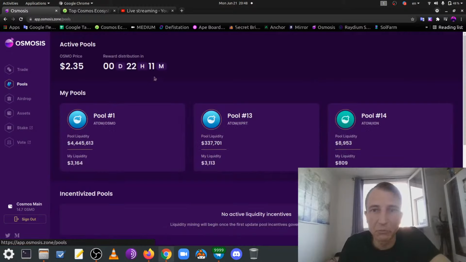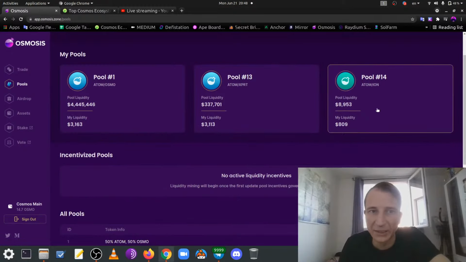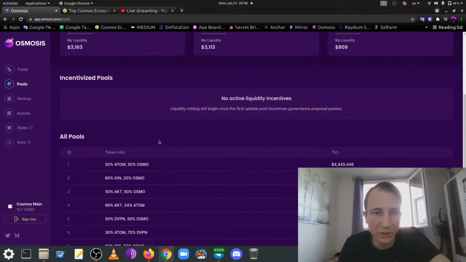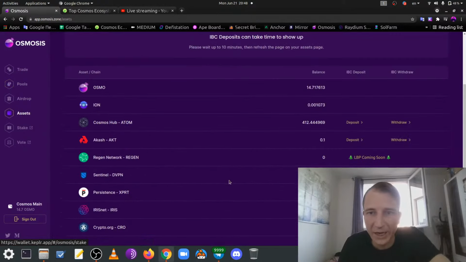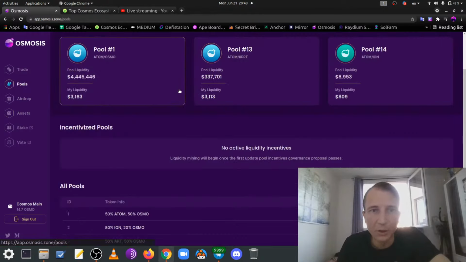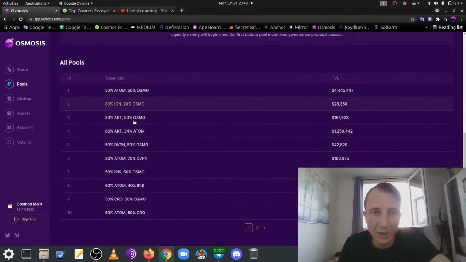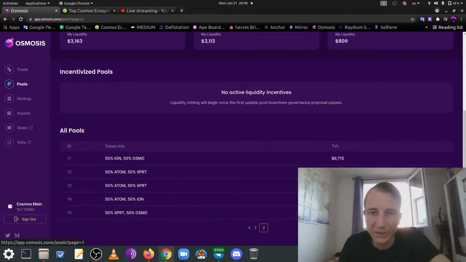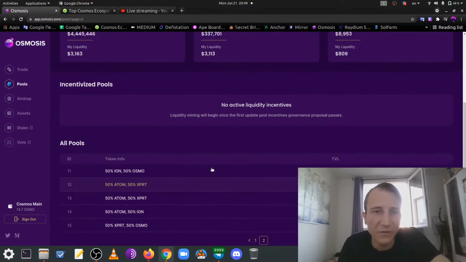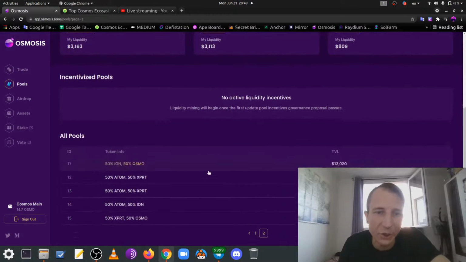Now I can see that I have less funds in my pools, but if I go to my assets, I will see that I have more funds to trade and to show you. Also in these pools we can now find 110 and on the second page 15 different pools. I still didn't find the possibility to create a new pool.